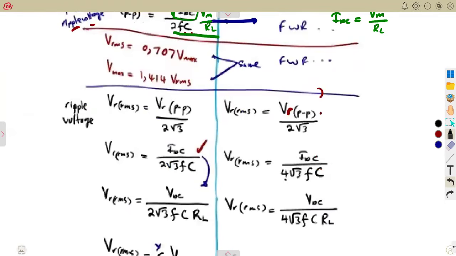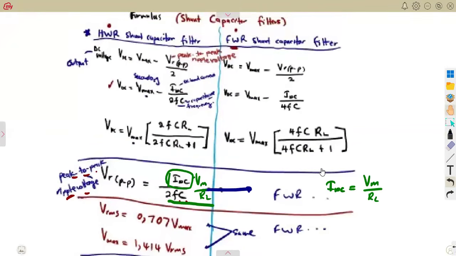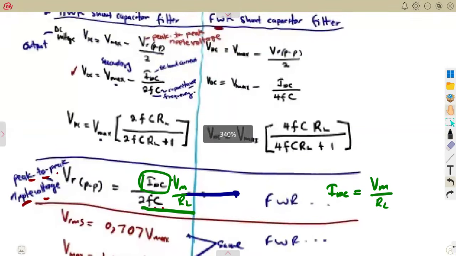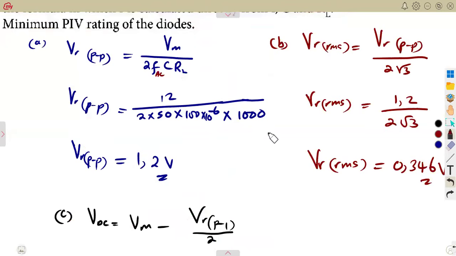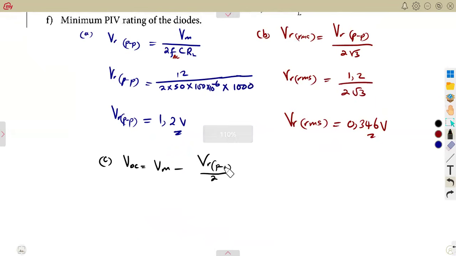If you still remember on VDC here on a full wave, the Vmax minus VRPP, which is the peak to peak over 2. It can be calculated for a lot of things, but you have to consider what you are given. In this case, we have the peak to peak ripple voltage and the maximum, the VM, remember?